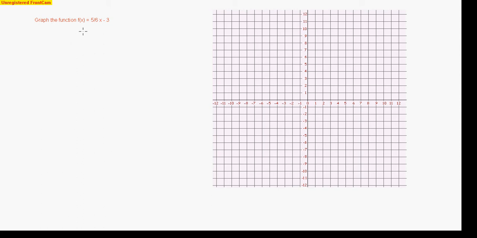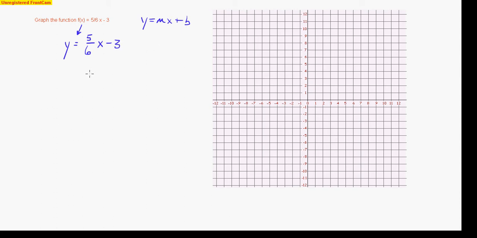Now as I told you before, keep in mind y equals mx plus b still holds. So if we can turn this guy into looking like that, then we can use our slope and our y-intercept to graph it. Well, I told you a few minutes ago, this f of x, you can just take that out and put in y. Everything else is going to just stay the same.